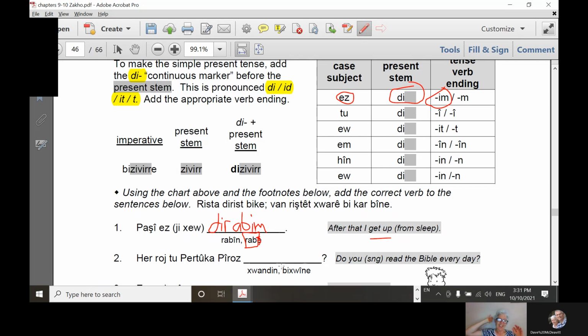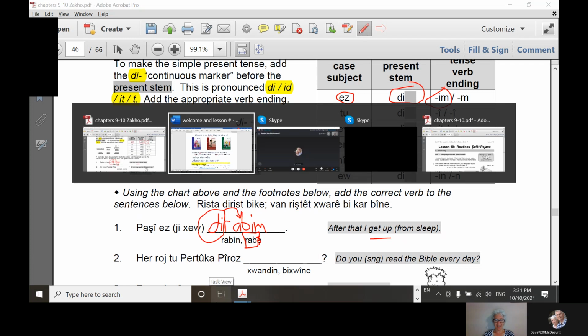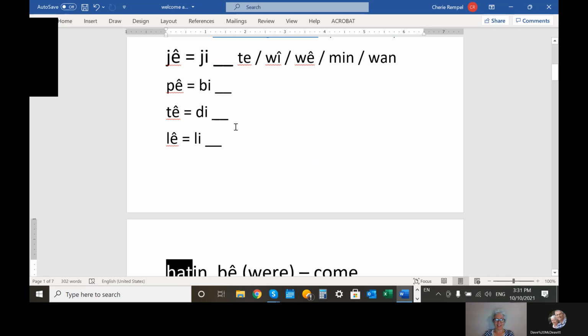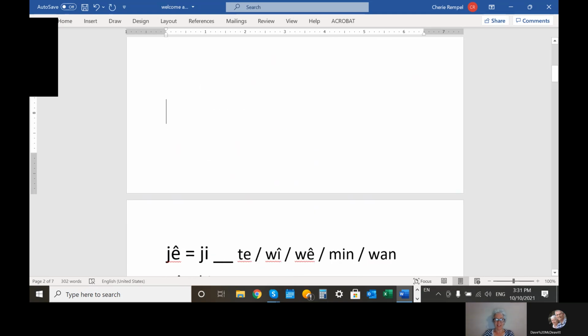But this one happens to be compound. So your di is going to go right here. Let me type it for you. So, Roba, okay?